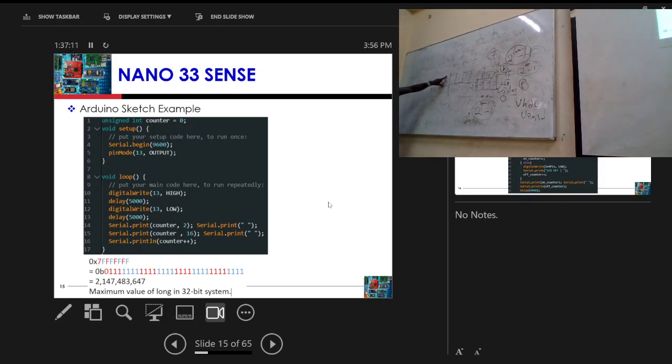This is a digital signal. It's either one or zero. You guys have seen this several times. One or zero, one or zero. Because the pin takes only one or zero, all you can do is this: you turn it on for a very long time and off for a very short time.